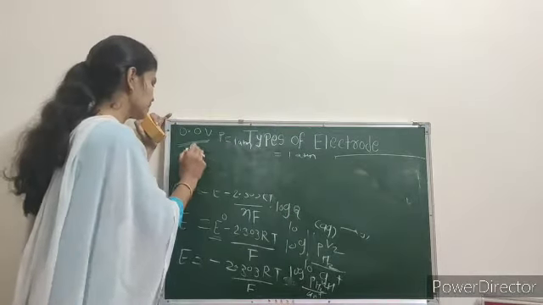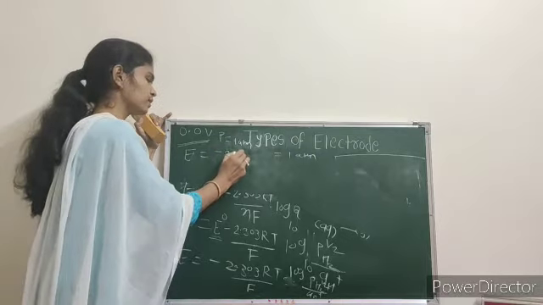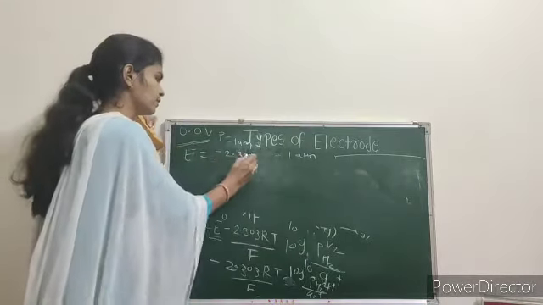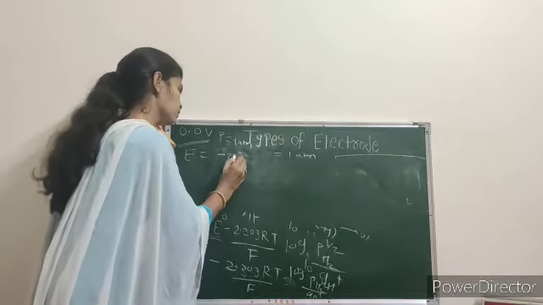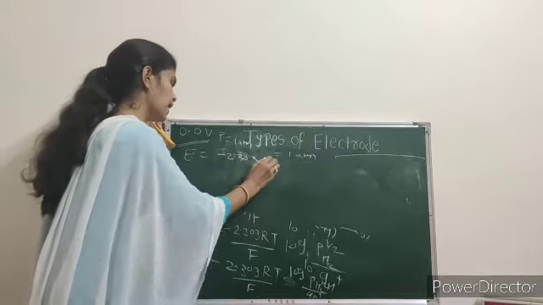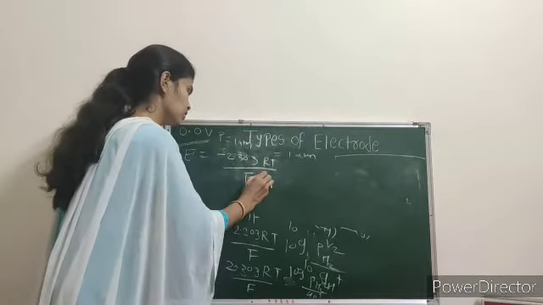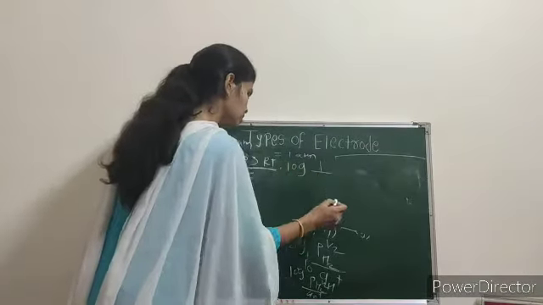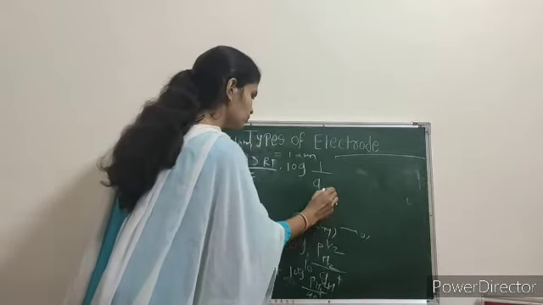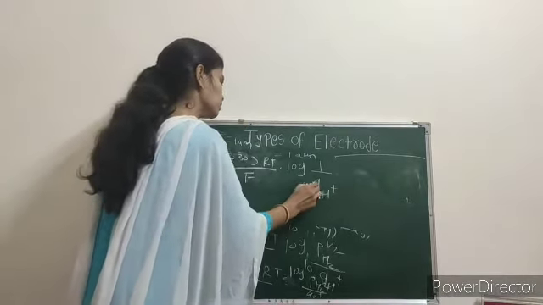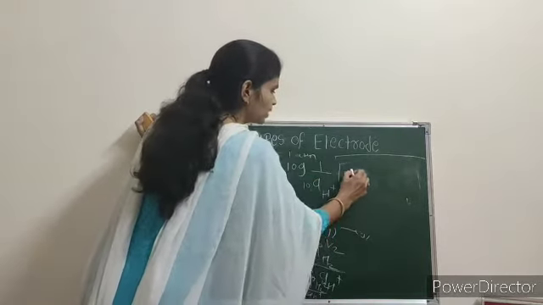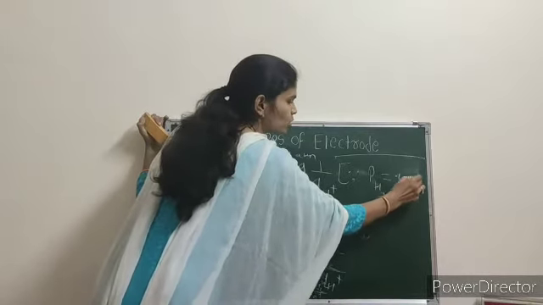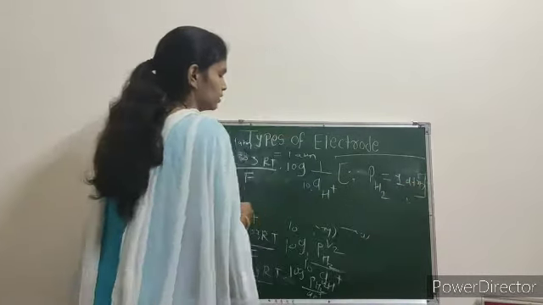Then the equation becomes E is equal to minus 2.303 RT divided by F into log of 1 divided by the activity of H plus ions to the base 10, since the pressure of H2 gas is 1 atmosphere.